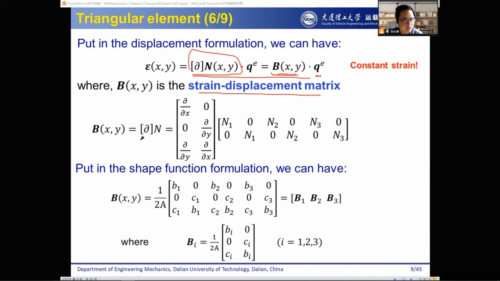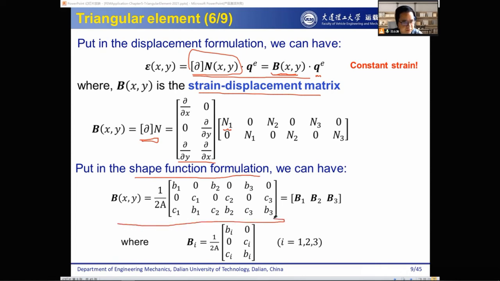We just say this is the operator, which means the matrix B is the partial derivative of those shape functions, and we know the exact formulation for the shape functions. So we put in the shape function formulation, then we have the value for the B matrix.